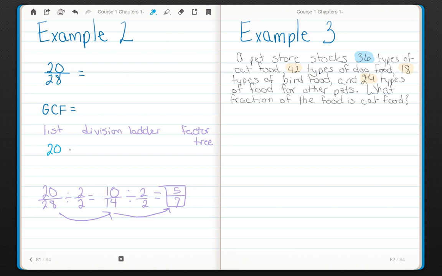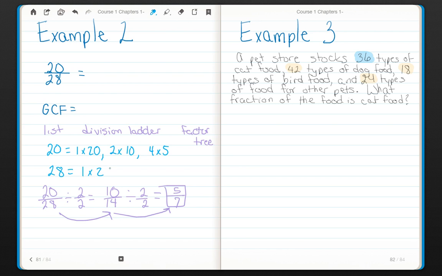So 20 is 1 times 20, 2 times 10, and 4 times 5. Now normally I would make the list in that U shape, but I'm running out of space, so I'm going to write it horizontally, but still using that same method. 1 times 20, 2 times 10, 3 is not a factor, and then 4 times 5.